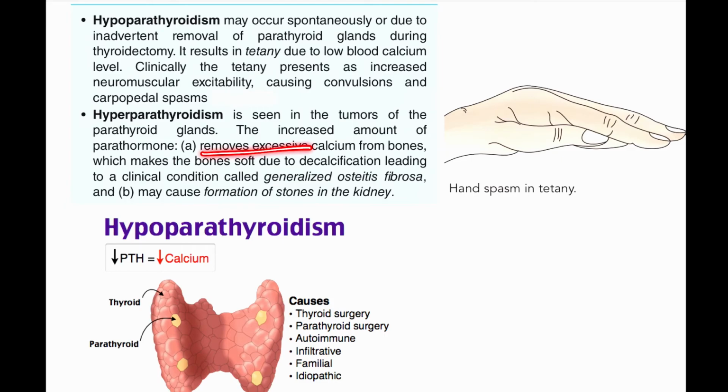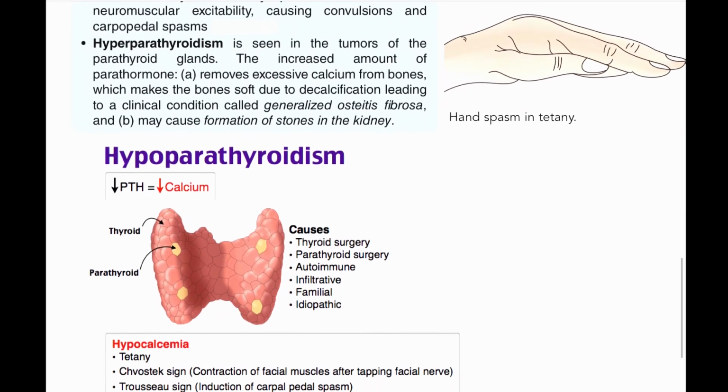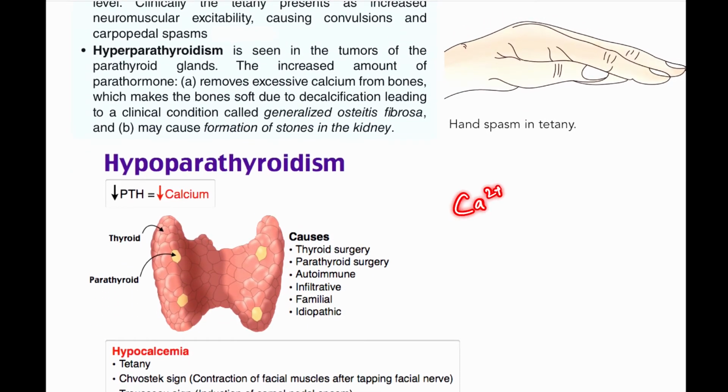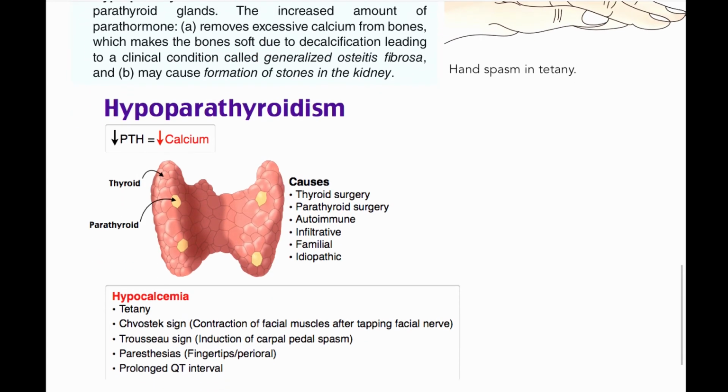So these are some syndromes. If the calcium increases in blood, so demineralization of bone increases, so softening of bone due to hyper. Or if calcium increases too much in blood, there is a formation of stones in kidney, right?